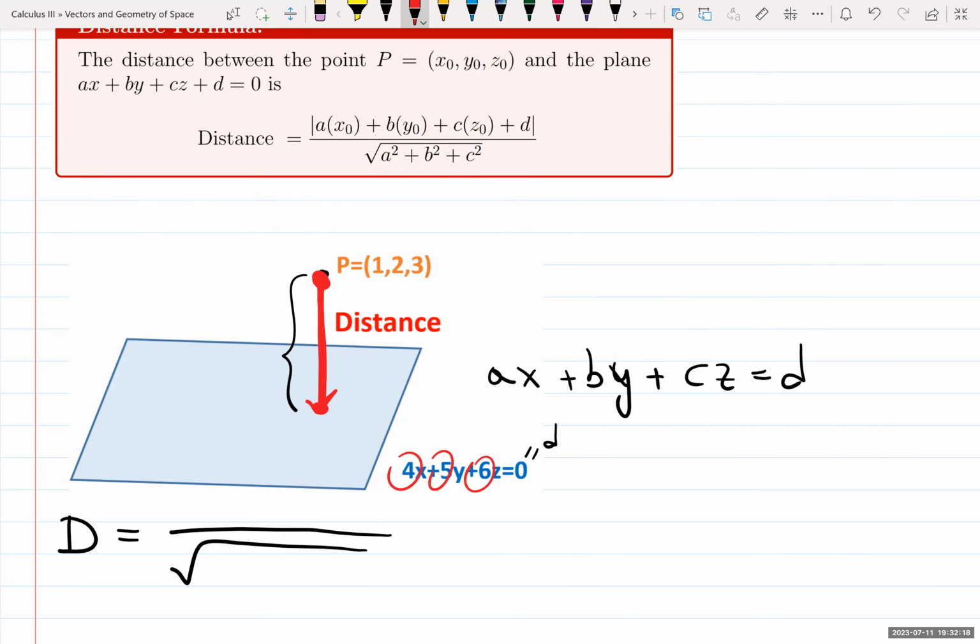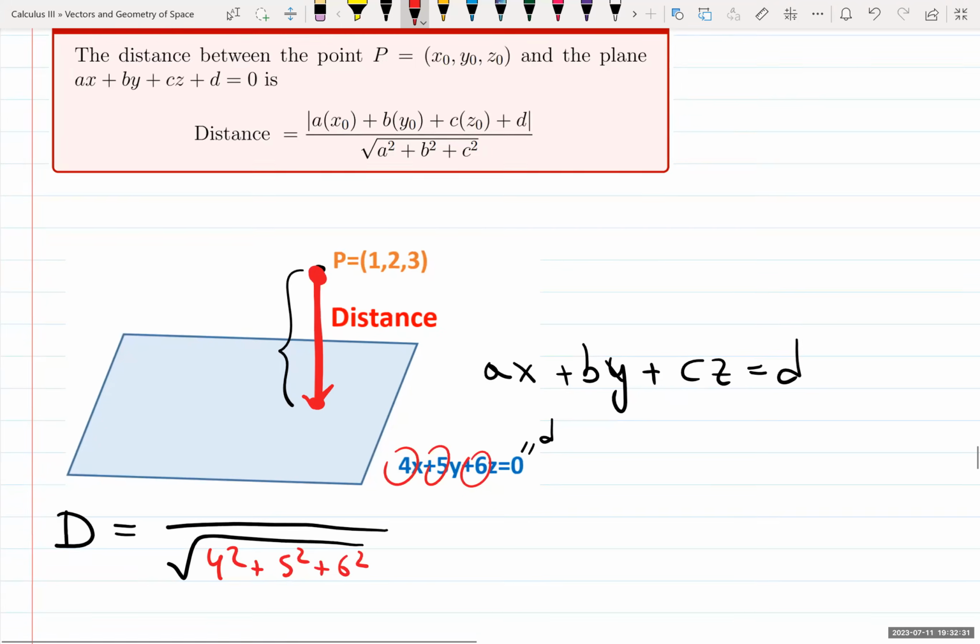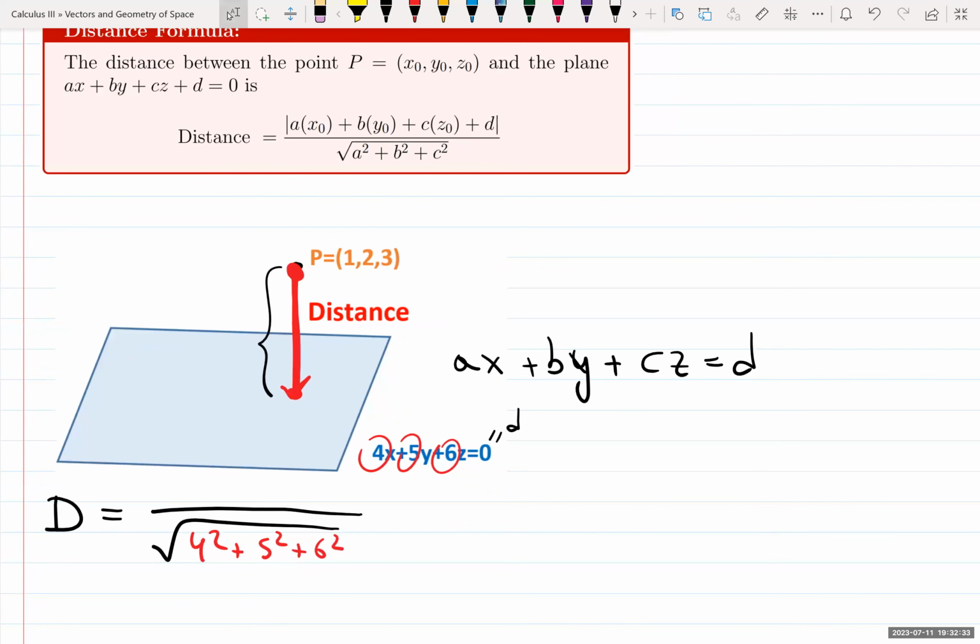So you're using 4, 5, 6: 4 squared plus 5 squared plus 6 squared at the denominator. And now at the top, you have ax plus by plus cz plus d, where you plug in the point. That's the cool part. So it will be 4x plus 5y plus 6z, and then plus d, don't forget the d, plus 0.